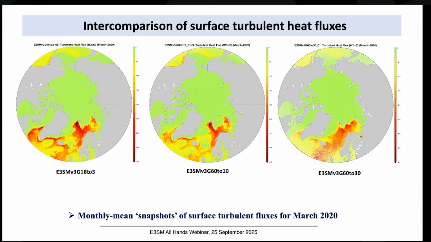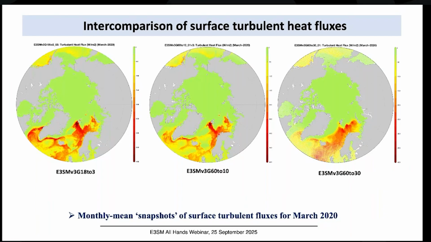So finally, just before the conclusion, let's look at the surface turbulent heat fluxes from the 3 simulations: AEROSI on the left, highlight RASM in the middle, and 60 to 30 in the upper right. You can see that AEROSI has very strong turbulent heat fluxes in the Nordic Sea and Barents Sea, but also the Labrador Sea, for a snapshot in March 2020.